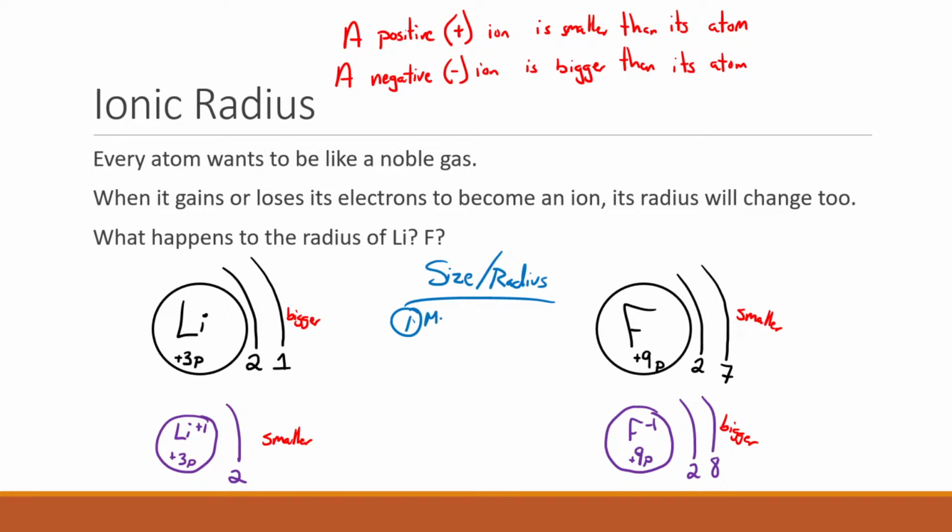Right? More shells means bigger. Automatically. No matter how many neutrons, how many protons, how many electrons, none of that matters. If something has more shells than something else, it is bigger.